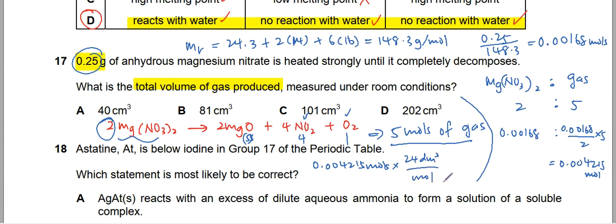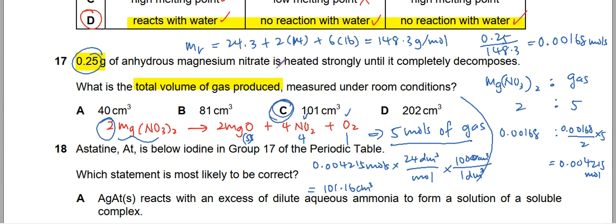Now we need to change dm cube into cm cube: 1 dm cube equals 1000 cm cube. If we evaluate this, we will find that the final volume is 101.16 cm cube. So the answer is C.